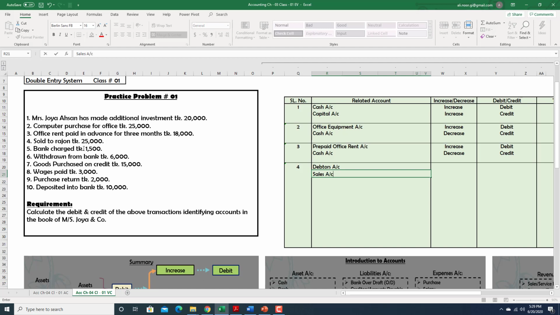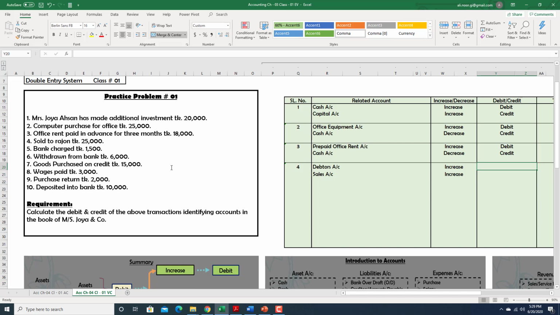Sales account, of course, because we sold goods to Rajan, and we know debtors is an asset account, and since we sold to Rajan, it is increased. Sales account also increased because we have some revenue from the sale.